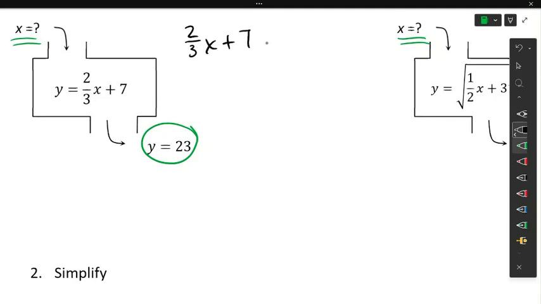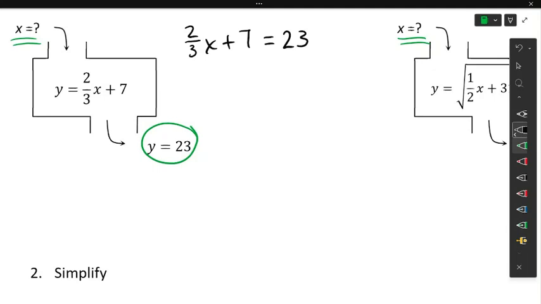And I'm going to set the definition of this function equal to the output that I want, which is 23. So when I do this, I get a very nice looking equation that's going to allow me to solve for x. The first thing I'm going to do is go ahead and subtract 7 from both sides. And when I take 23 and subtract 7, I believe I get the number 16.